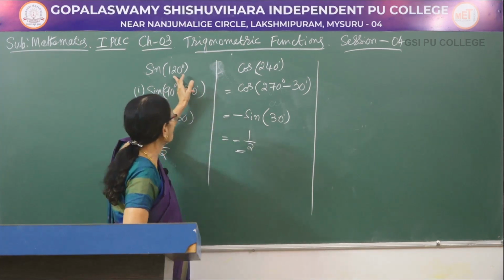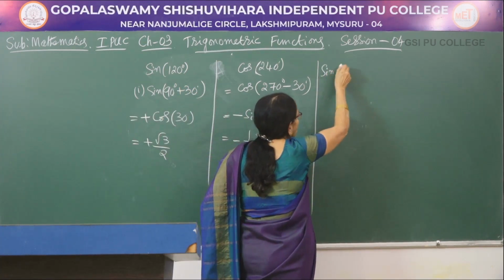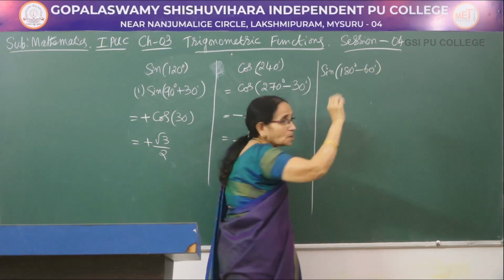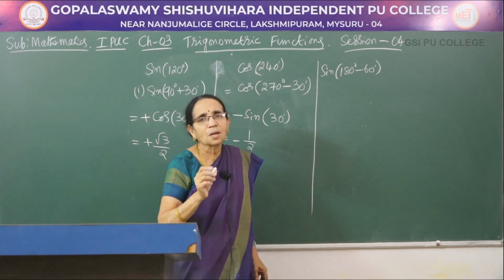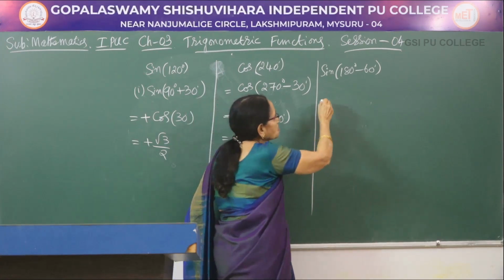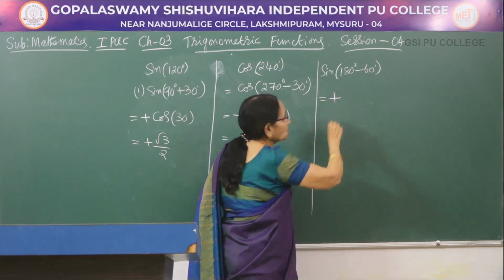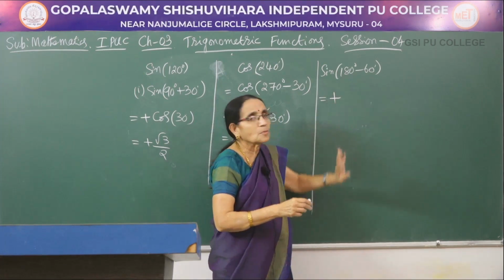Now, let me consider this angle 120. As you know, it can also be written as 180 minus 60. The value is the same. 90 plus 30 is also 120, and 180 minus 60 is also 120. Now, the angle is in the second quadrant, sine ratio, so positive, no change in the sign. Now, look here, which way have I written?